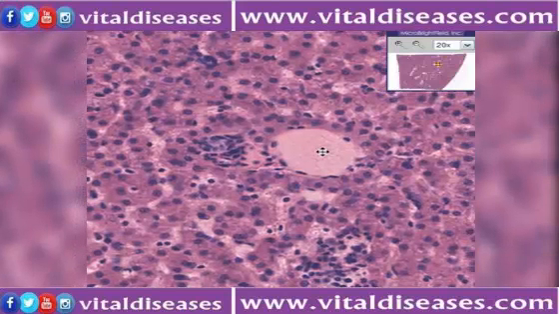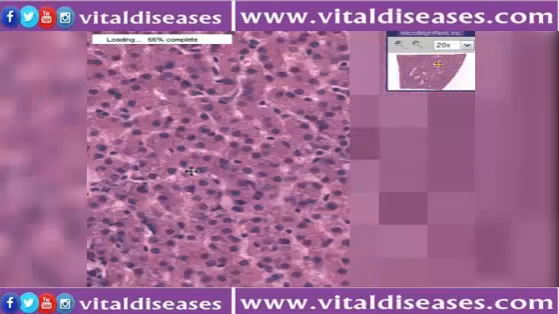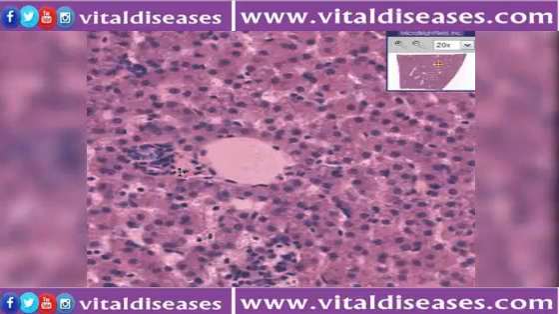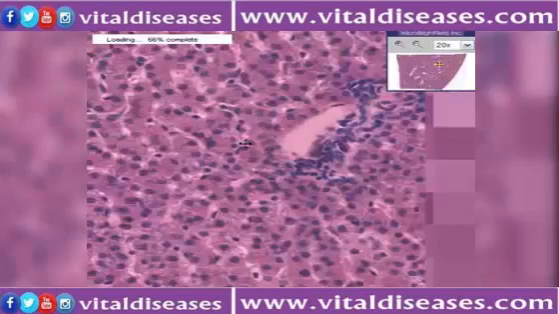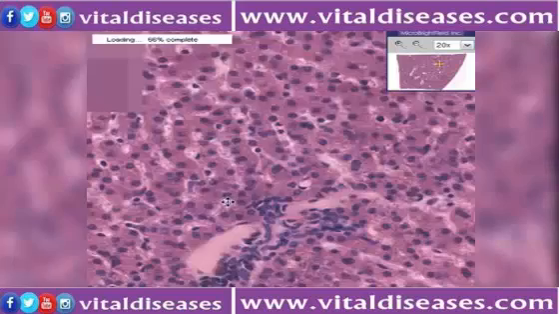Don't be depressed if you only see one or two of the three things you're supposed to see in the portal triad, because in the real world you never see all three, and you're more likely to see a couple of bile ducts and no artery, but you almost always see the vein. And remember, there is always a little bit of connective tissue, at least in the portal area or a portal triad. And here's probably another portal triad.